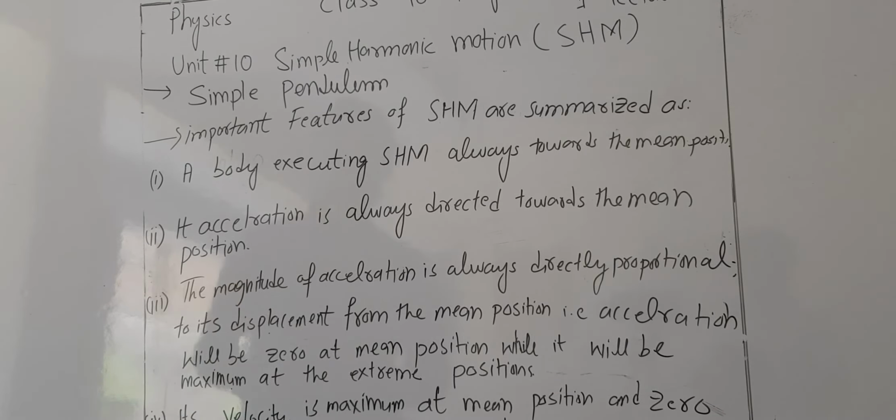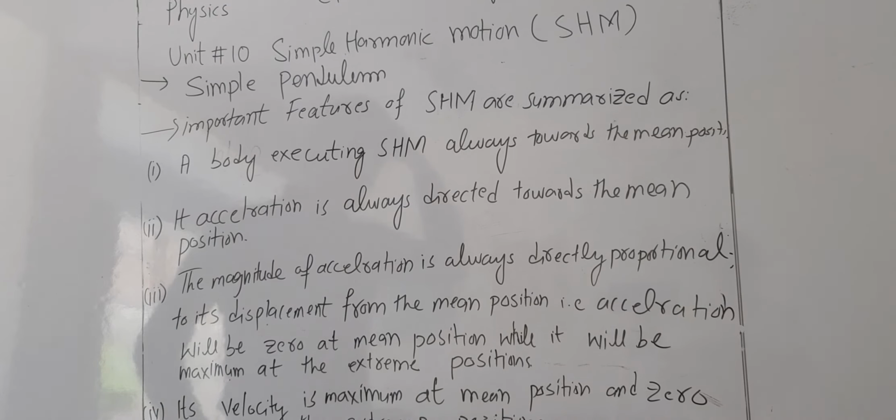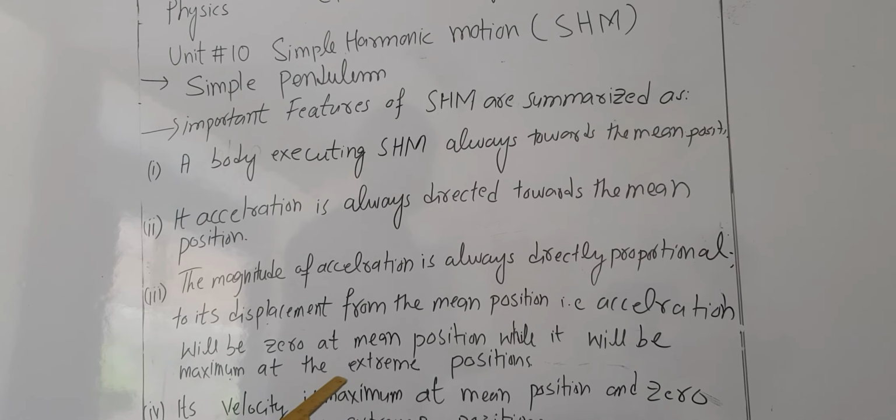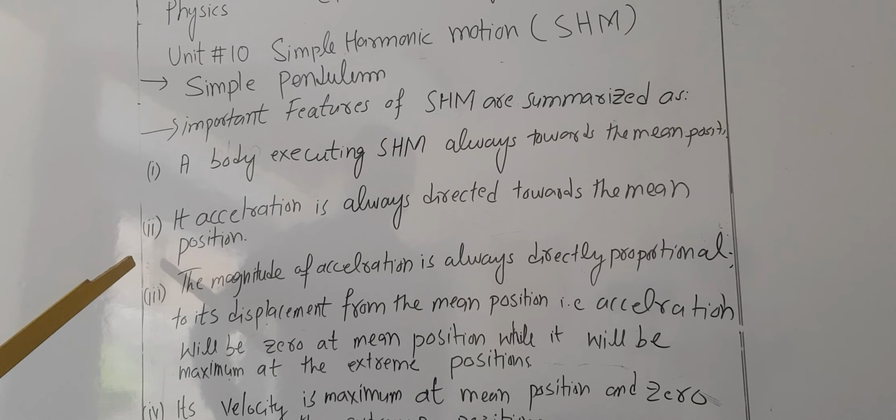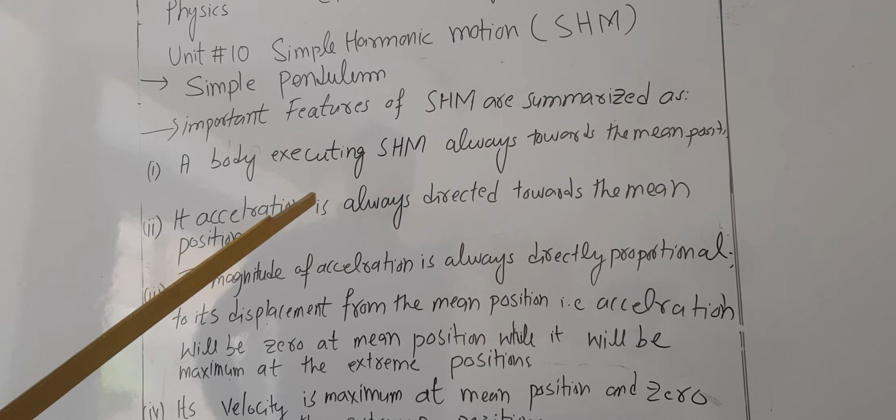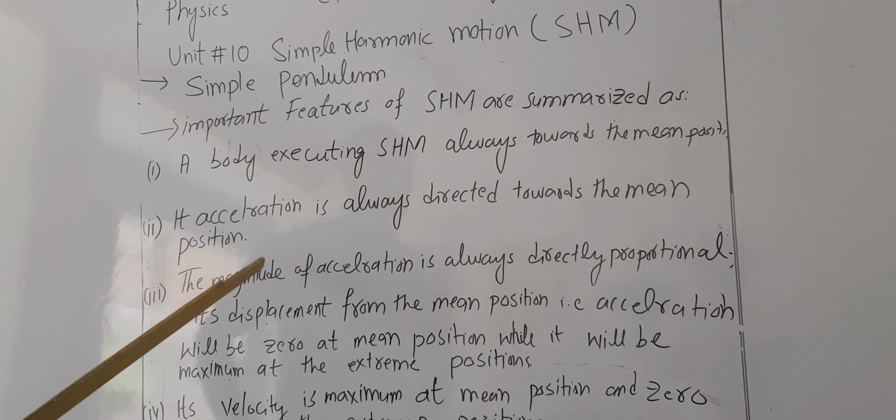Okay, dear students, some important features of simple harmonic motion are summarized as follows. The first point is that a body executing simple harmonic motion is always directed towards the mean position, as we saw in the previous examples. The second point is that its acceleration is always directed toward the mean position.